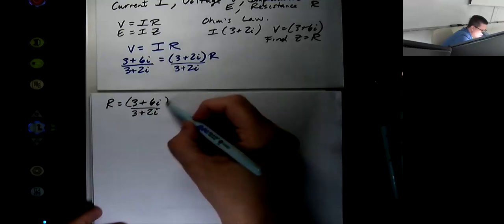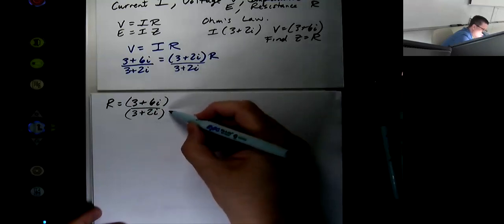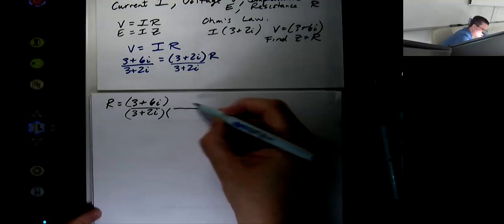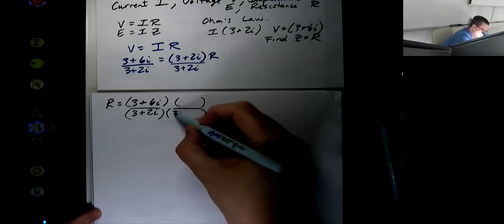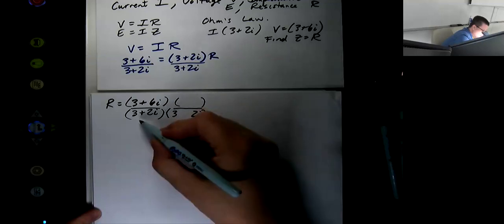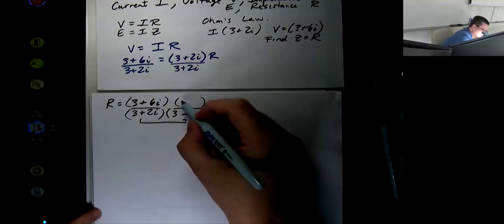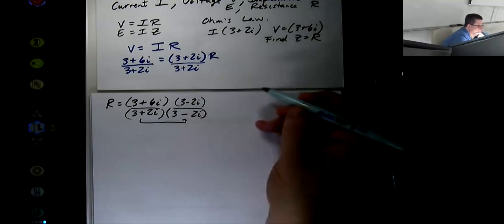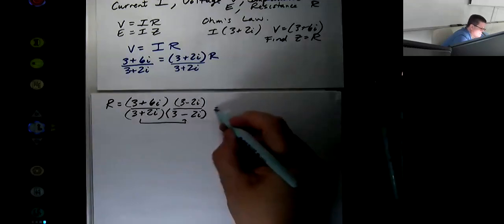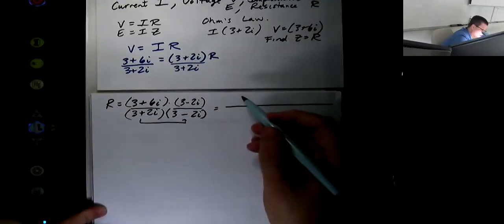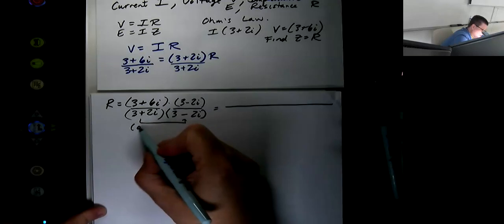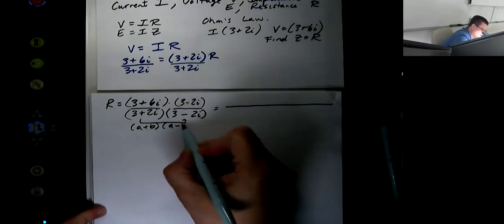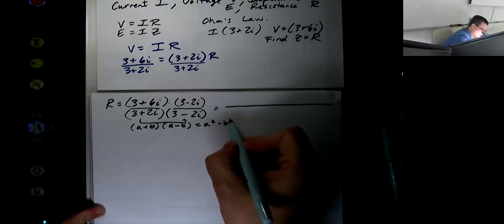This is where, when we have complex numbers or radicals on the bottom, we multiply by the conjugate. The conjugate is the same thing, but we just change the sign. Plus goes into minus. And we have to distribute. The bottom is easy. This is a plus b times a minus b, which turns into a squared minus b squared.